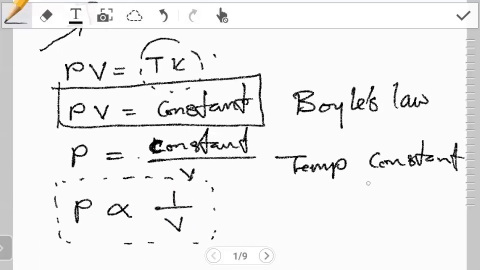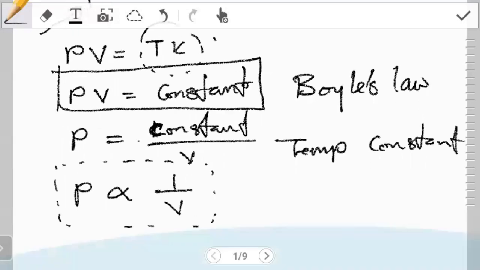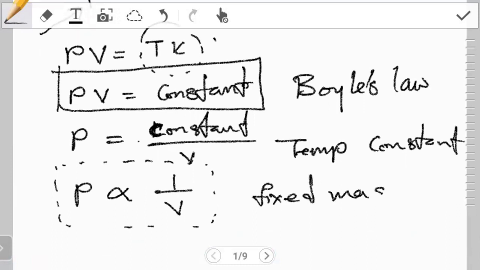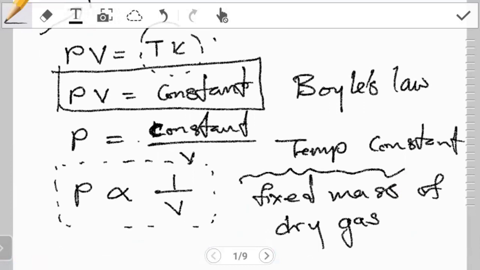So mostly here, of course, remember when I started describing these special cases, we said you have a gas in a container and the container is closed. So sometimes when defining the same laws, certain key things will be mentioned as well. They will say for a fixed mass of a dry gas, so this might be mentioned when stating these laws.